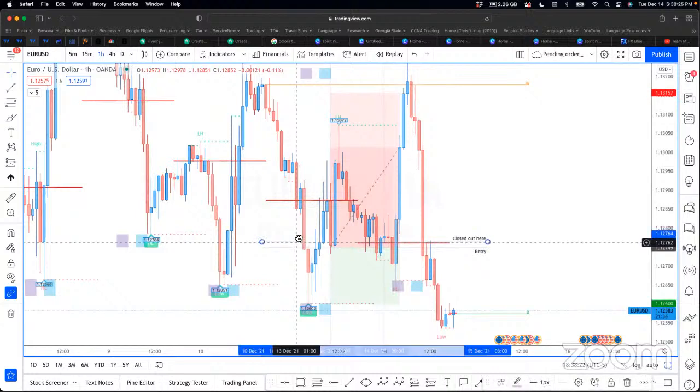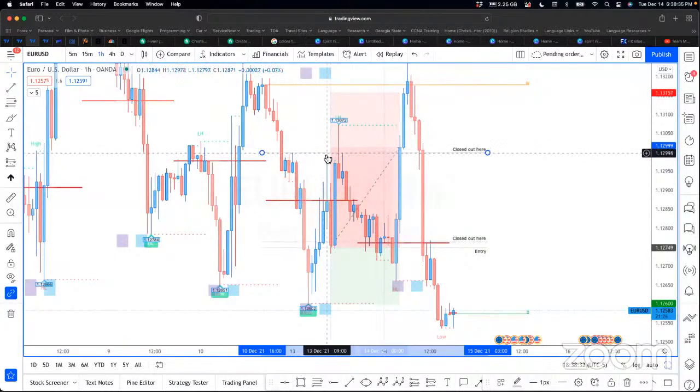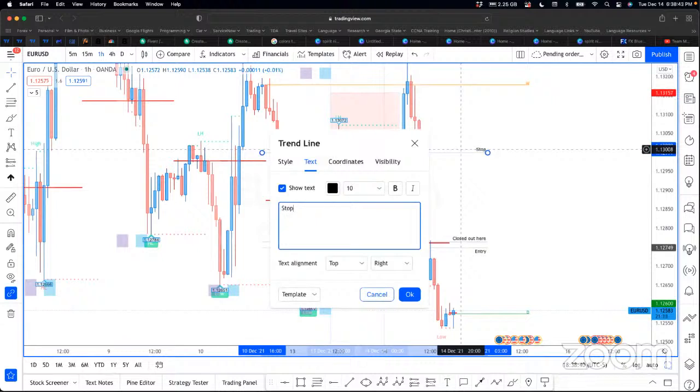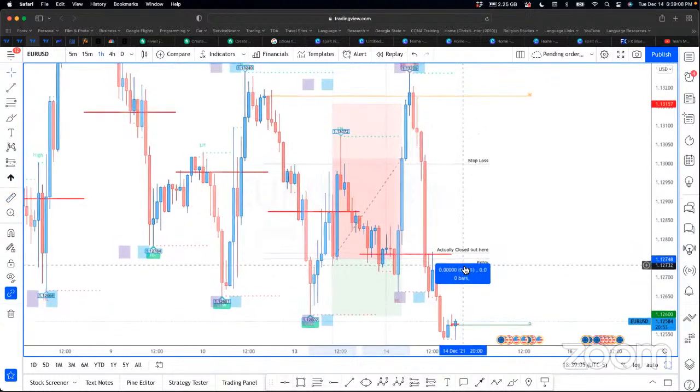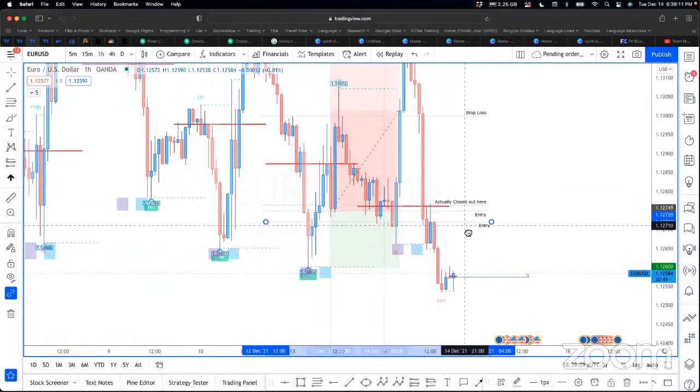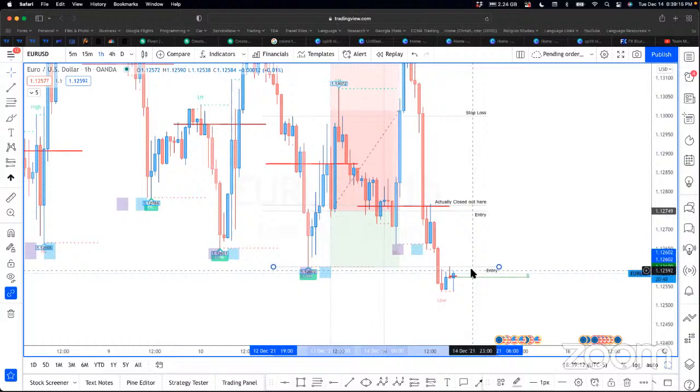This is what you thought was your stop loss. I don't know where you thought your stop loss was, but I'm just going to assume that you thought it was up here. And I'm going to assume that this was your target. Yes, that was my target.